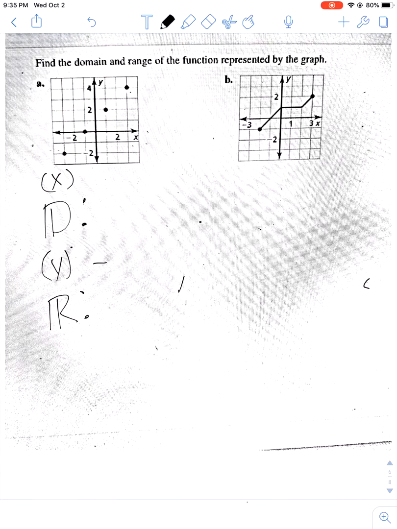I just need to plot each of these points. And a couple things we need to remember. We can't have any repeats. And we need to always put it in order from smallest to biggest.